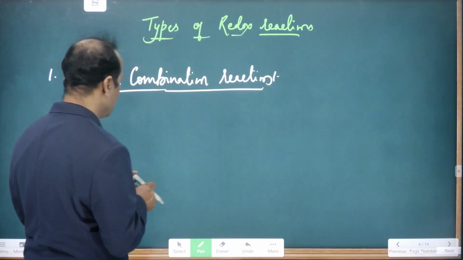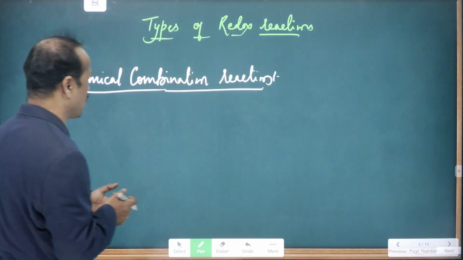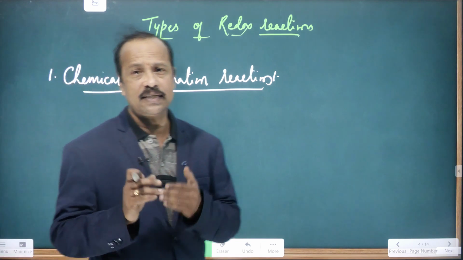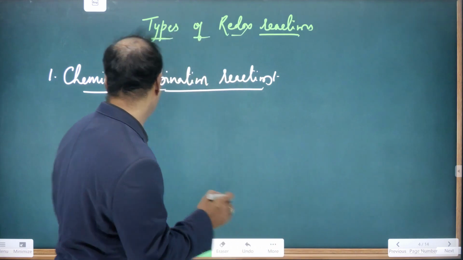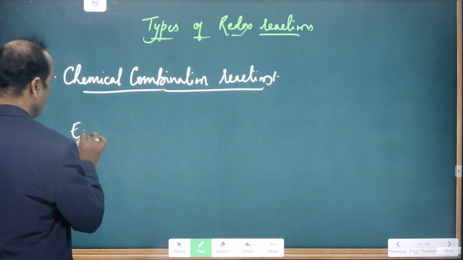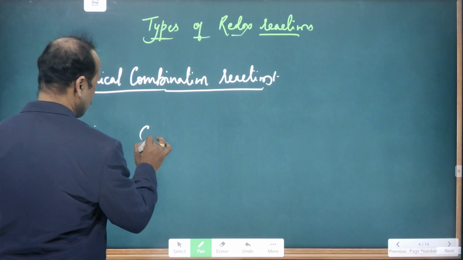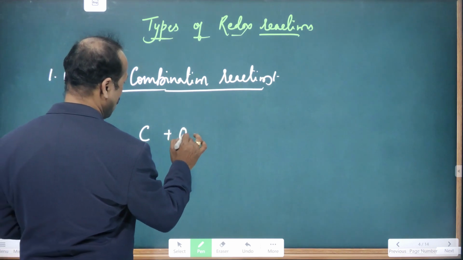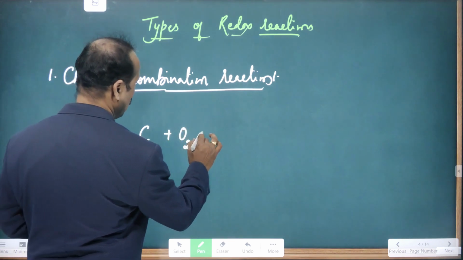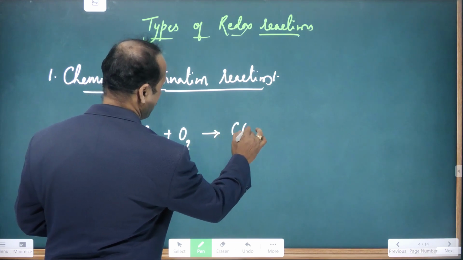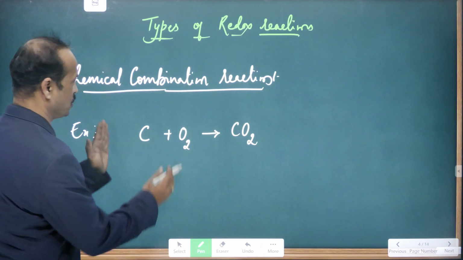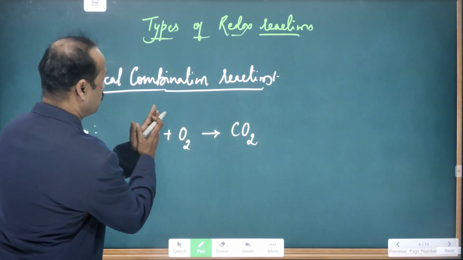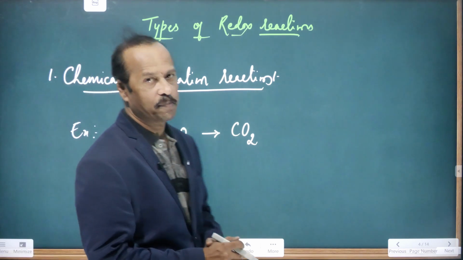For example, carbon burns in oxygen, O2, to form carbon dioxide gas. So this is a combination reaction. Carbon and oxygen are both combining to form a single product.